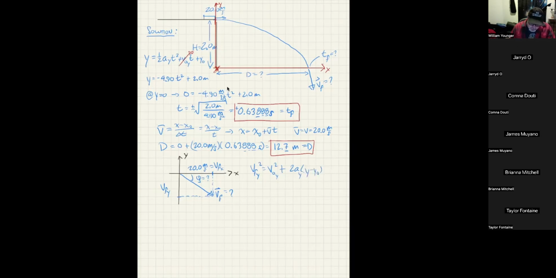Does anybody recall what our y0 is? 2. Exactly. So this is 2.0 meters. This a, of course, is negative 9.80 meters per second every second. And the initial velocity in the y direction, does anybody know what that is?